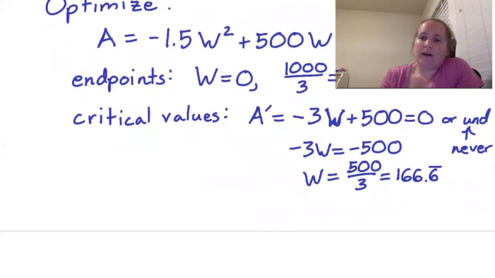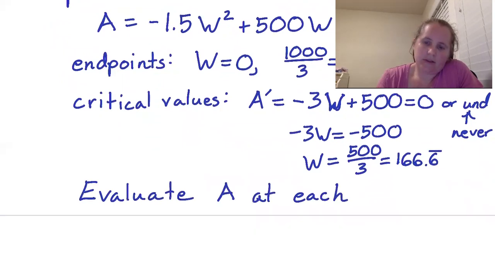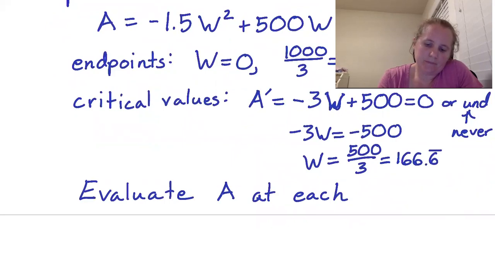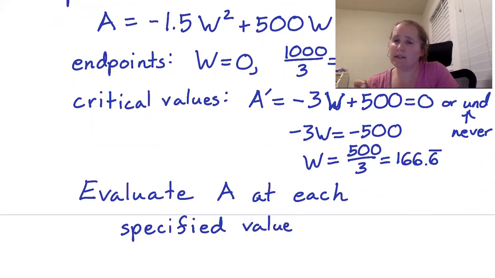So now we can go ahead and just check at each of those values. We're going to evaluate A at each specified value. You could also do curve sketching and increasing, decreasing analysis.